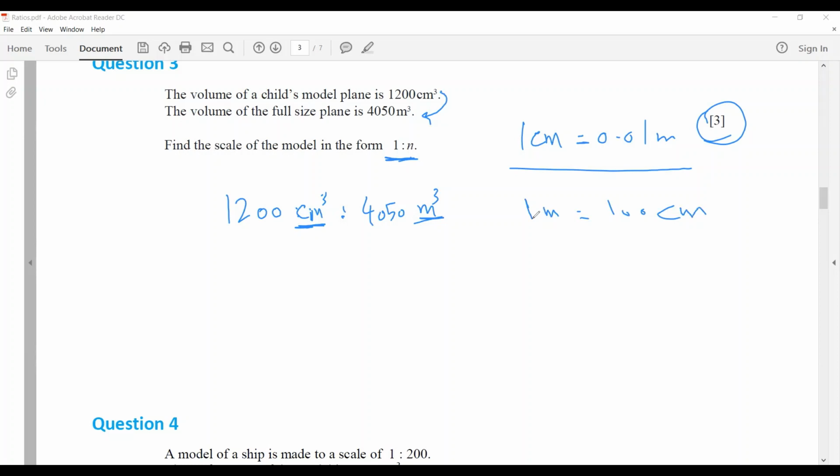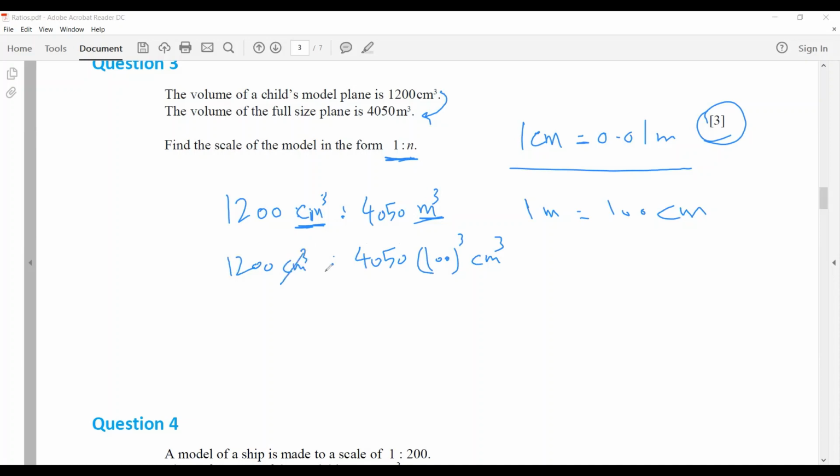So having this information here, I'm going to multiply the right hand side by 100, but don't forget the index 3. And on the left hand side, we still have 1200 cubic centimeter.